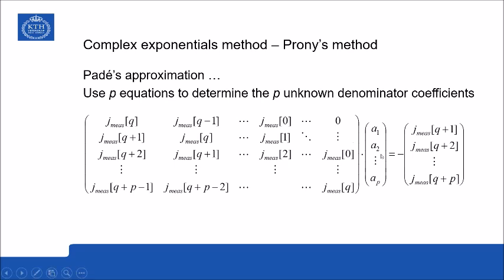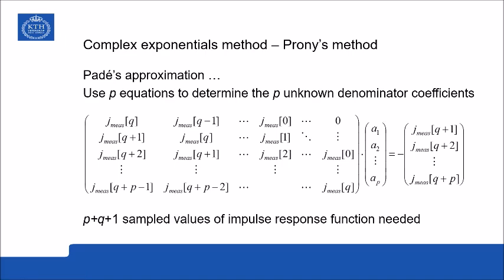When you have solved it, you can use this recurrence relation for the numerator coefficients. Since you have to use sampled impulse response values from index 0 to q plus p, you need p plus q plus 1 sampled values of the impulse response function. If you have that, then in principle you can solve this problem.